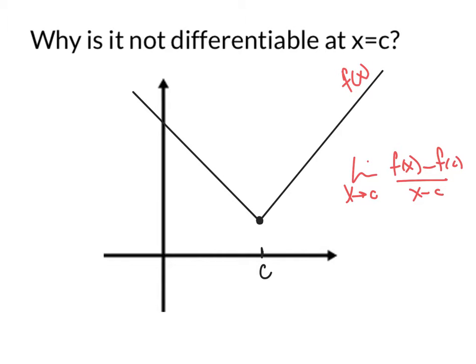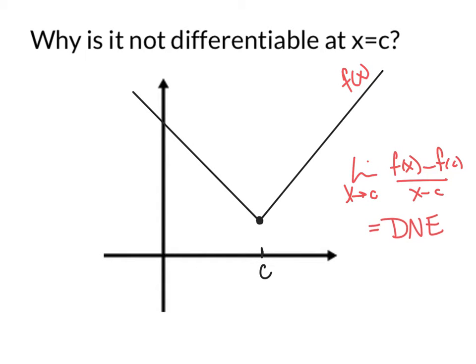And the thing about the limit is, in order for the limit to exist, the left-hand limit and the right-hand limit have to be the same. We have to get the same value whether we're on the left side of c or the right side of c. And the thing about this limit is that this limit does not exist.